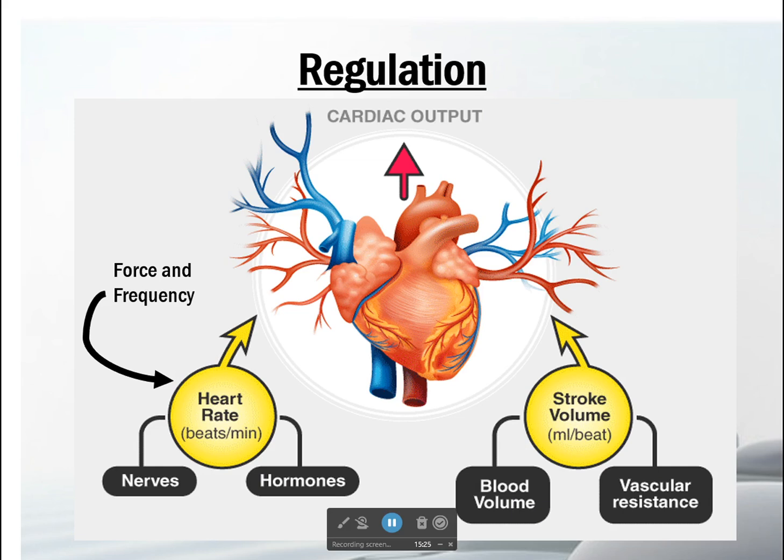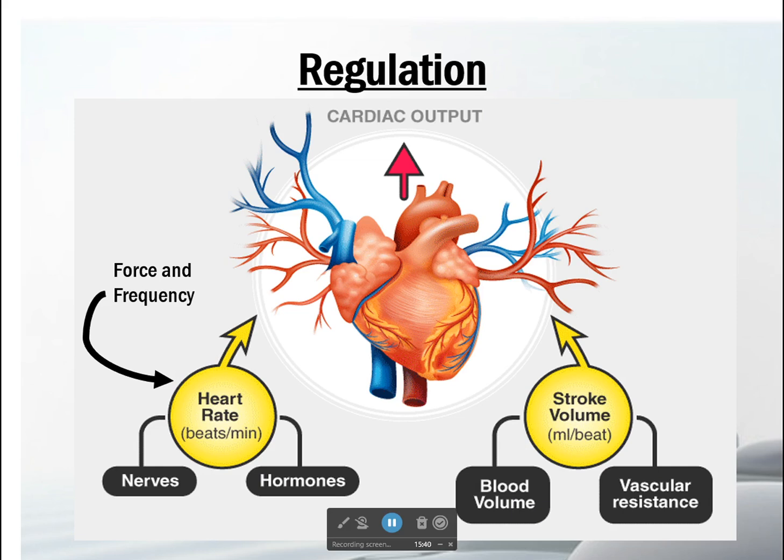There has to be a squeeze of the heart to push the fluid into the vascular space in order for the signals to be picked up. So cardiac output is our key element of regulation.